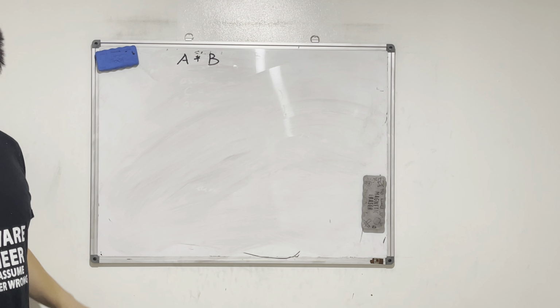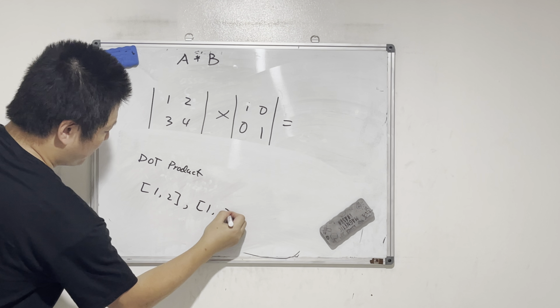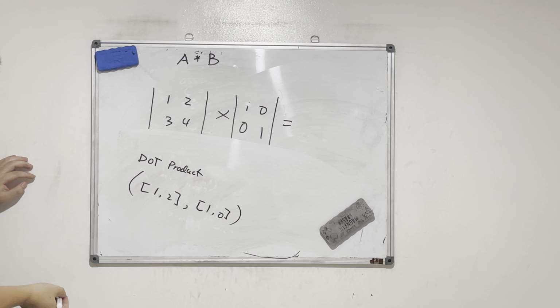Dot product of A and B equals the sum of i from 0 to n minus 1 of A_i times B_i, right? Remember?